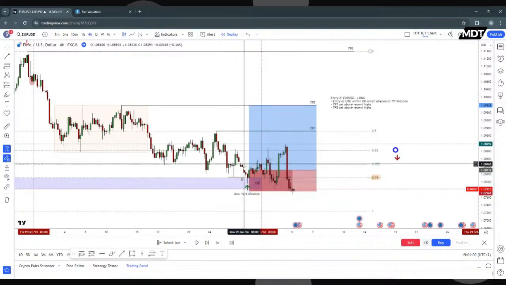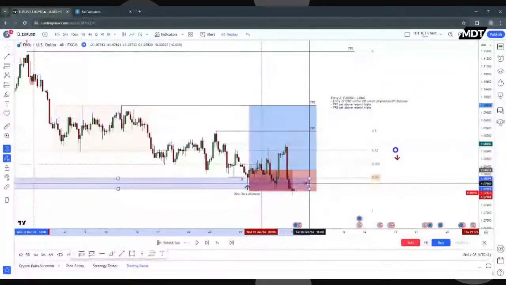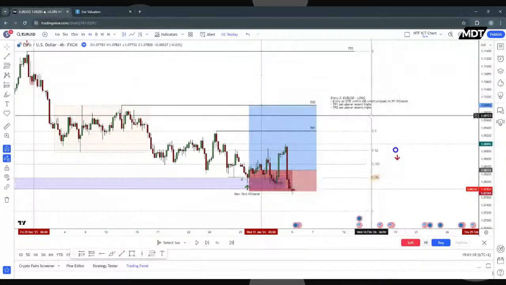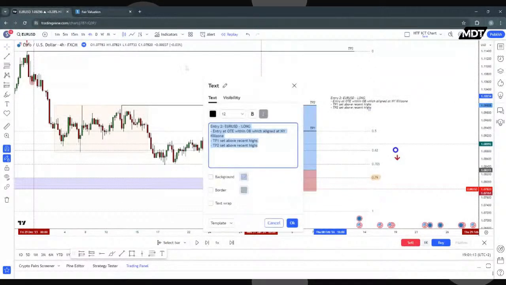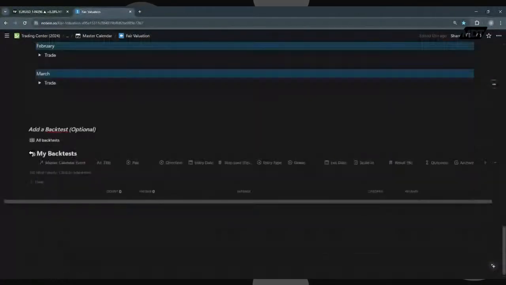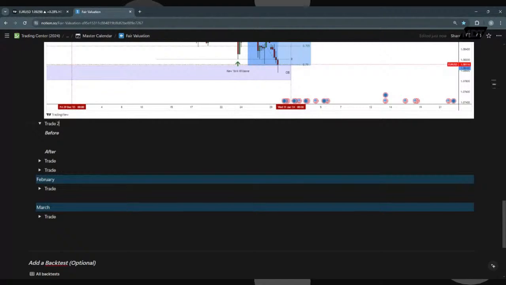Right now, we're still kind of consolidating. Okay, we've broken this order block, but it held for some time. So just make a note here. I tagged this before. Don't think I did.